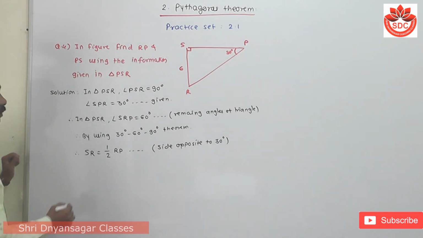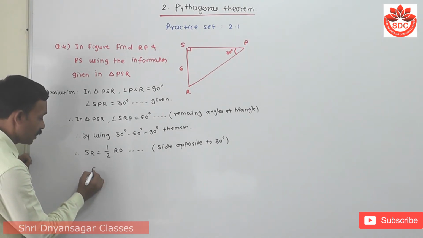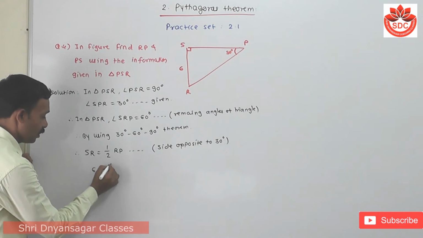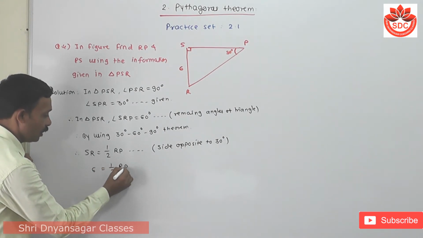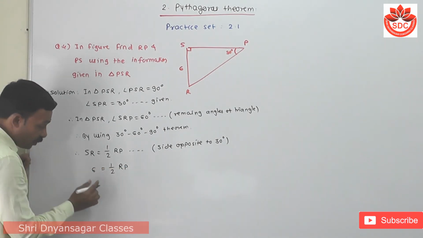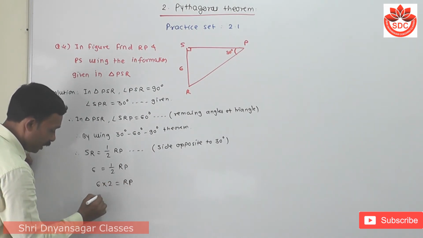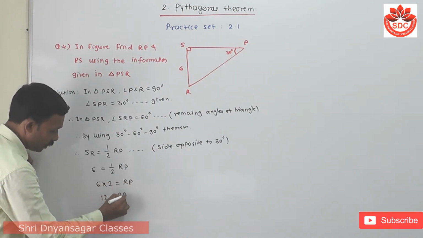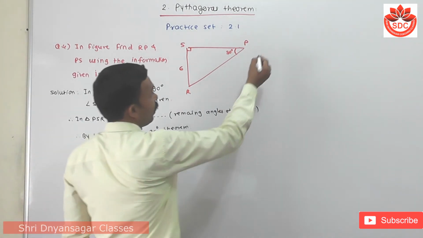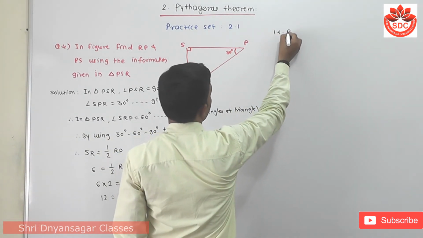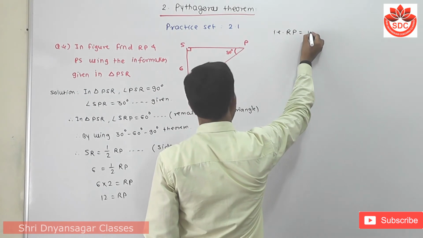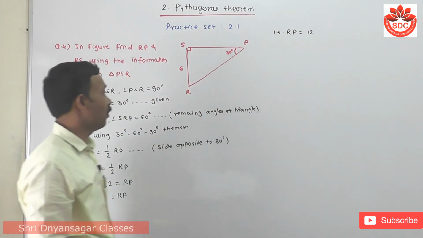Then substitute the value. This SR is 6, which is given. So 6 equals 1 upon 2 into RP. Then transposing the 2, we get 6 into 2 is equal to RP. Therefore 12 is equal to RP. So I write here, RP is equal to 12. Now this is the value of RP.